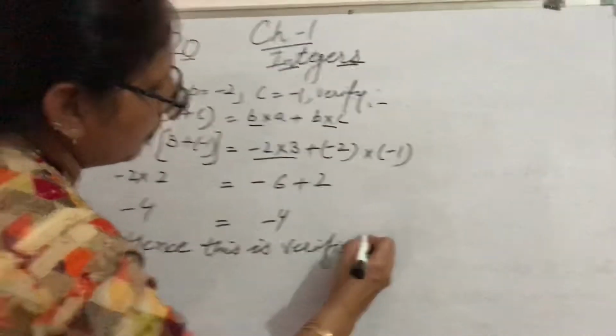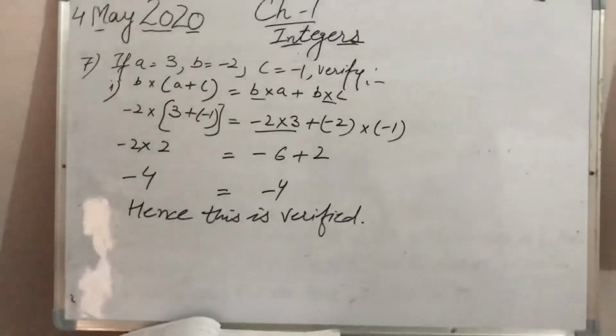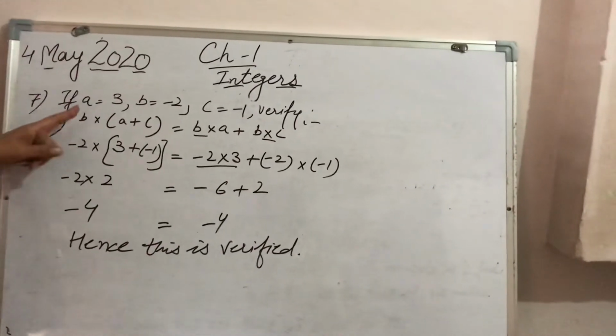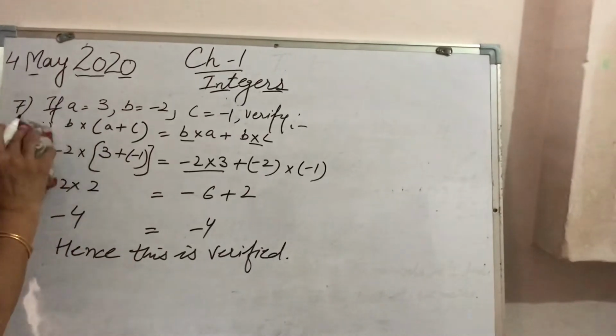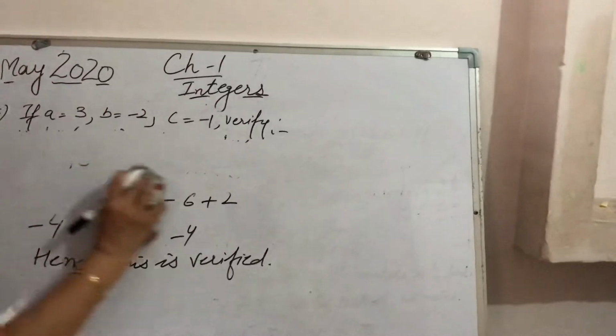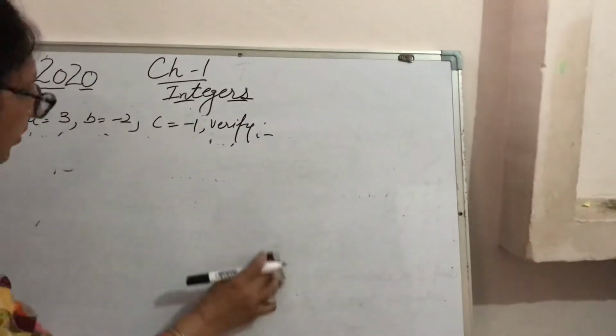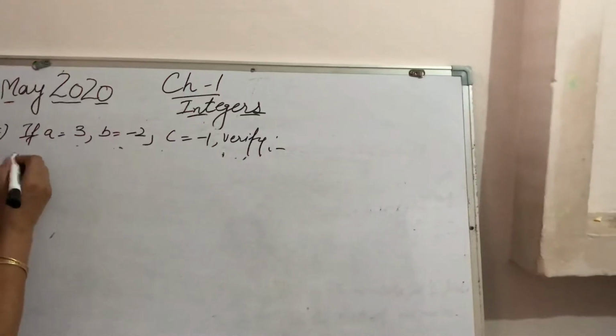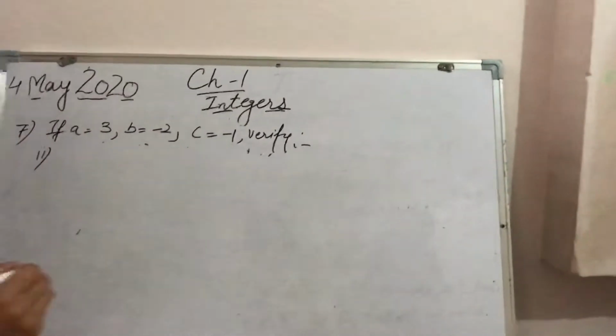This is what we have to verify. Then the second part of the same question: the value of ABC will remain as it is, but the property is changed. In the first part we did the distributive property. Now, let's see which property this is.